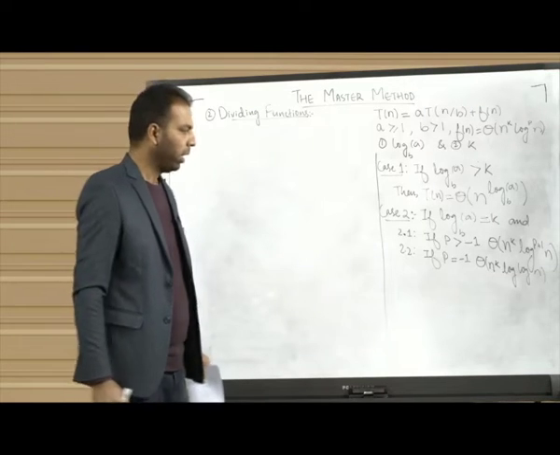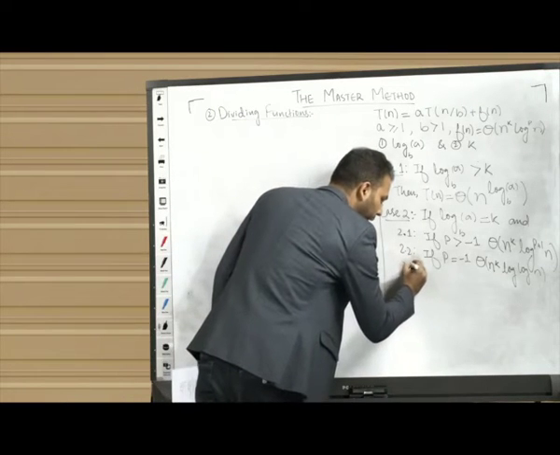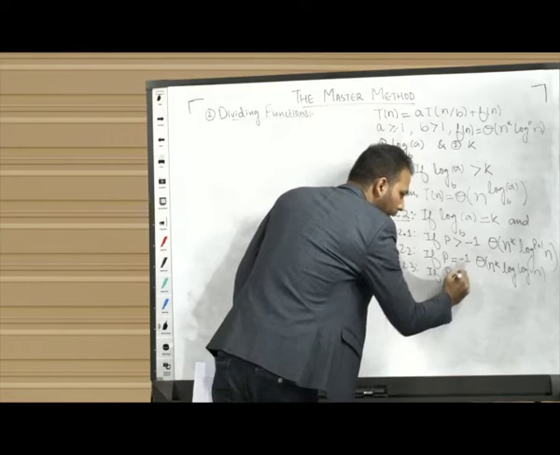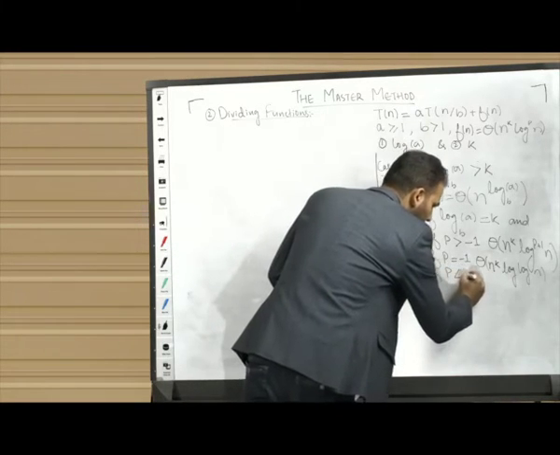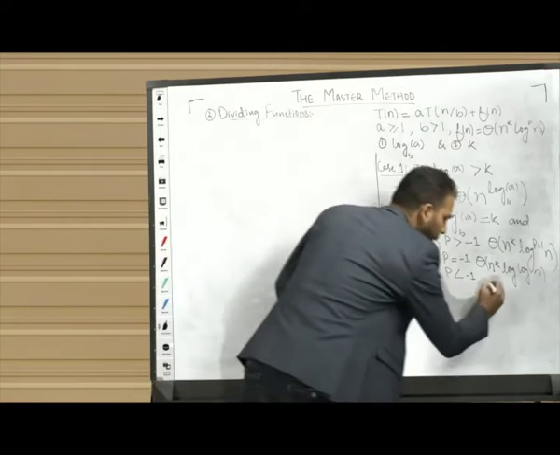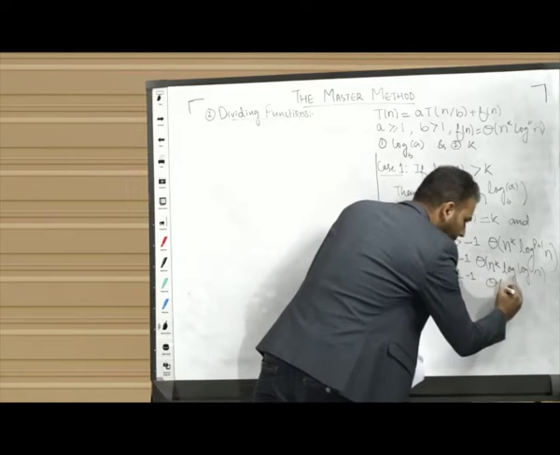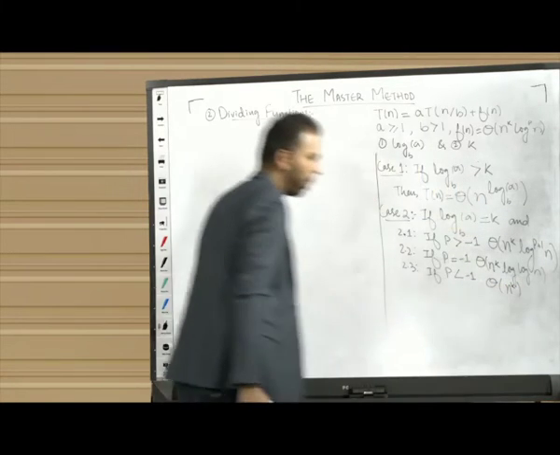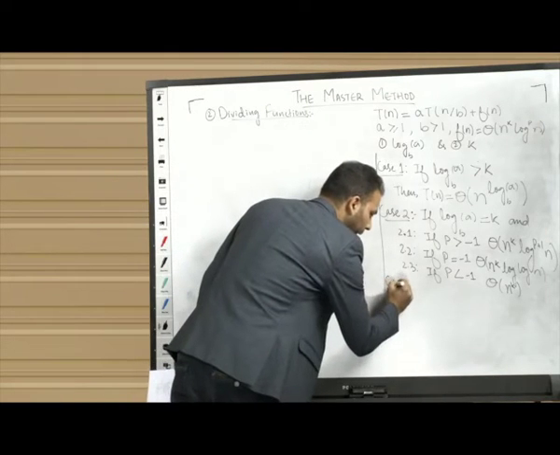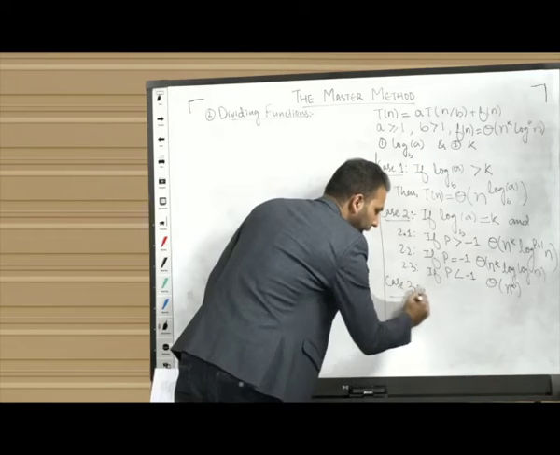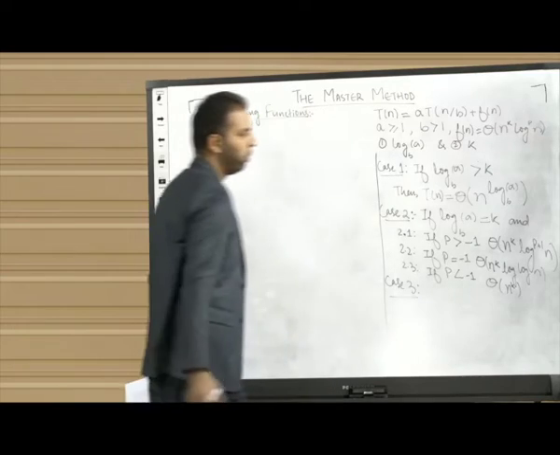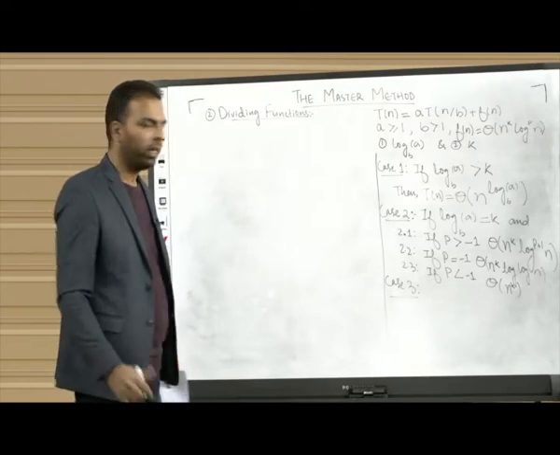The last case here is 2.3, that is if p is less than -1, then it is simply theta n raised power k. And finally is your case 3. What will happen in case 3? In case 3, your log a to the base b will be less than k.